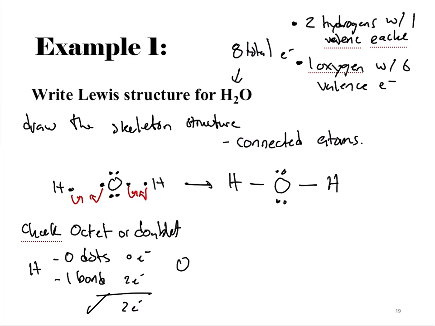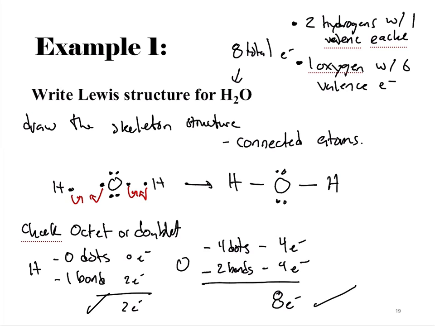Oxygen, we have how many dots around oxygen? 4 dots, which represents how many electrons? 4 electrons. And we have how many bonds? 2 bonds. And that represents how many electrons? 4 electrons. So we have 8 electrons total around it, so it satisfies the octet. All the octet and doublets are satisfied, which means that this is a valid Lewis structure.